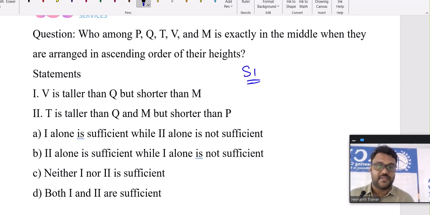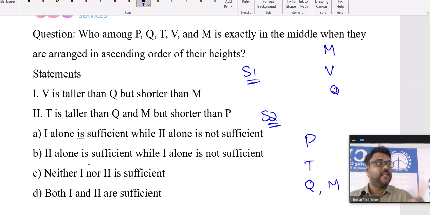I cannot decide, right? So one alone, V is taller than Q but shorter than M. I cannot decide. Second one alone, T is taller than Q and M but shorter than P. Q and M, okay, but is Q more than M or M more than Q, we don't know. I'm talking about statement 2 alone.